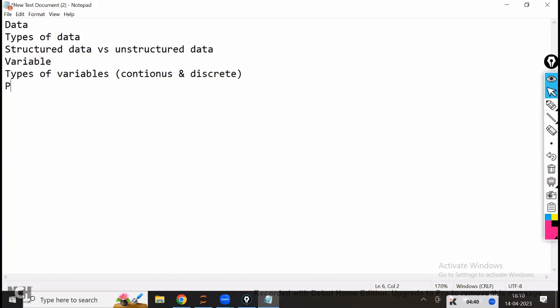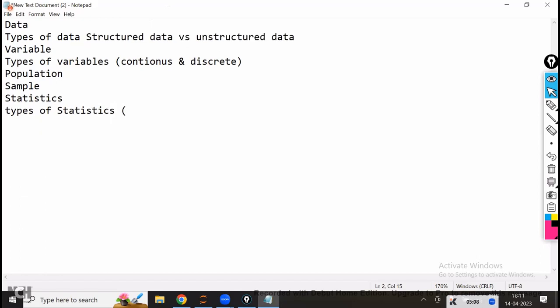After that, we discussed statistics. Before statistics, we understood what a population is and what a sample is. Next, we understood what is meant by statistics, and within statistics, the types of statistics: descriptive statistics and inferential statistics.